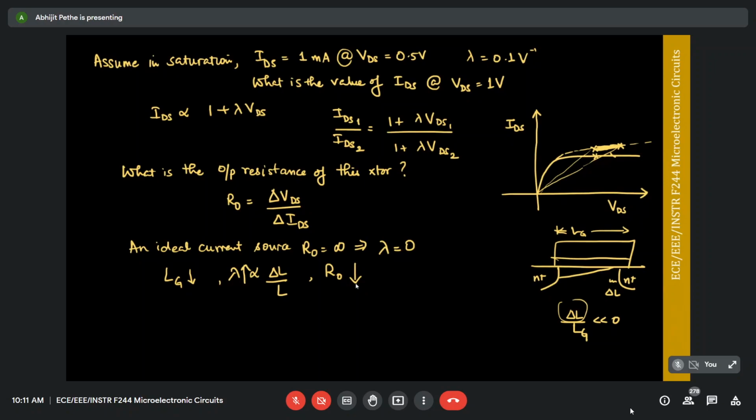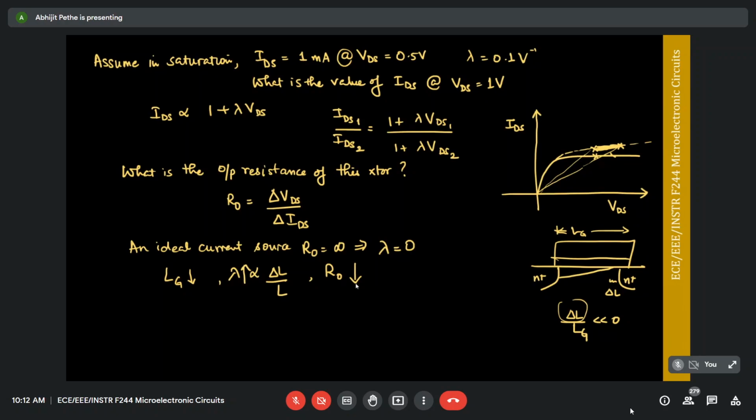So ideally for analog design, when you want current sources, you want to ensure that you find a transistor whose R naught is as high as you can get. In normal cases, when you have analog design, and I'm talking about 15 or 10 years ago, or if you work in old technologies, normally you have a choice of lengths.